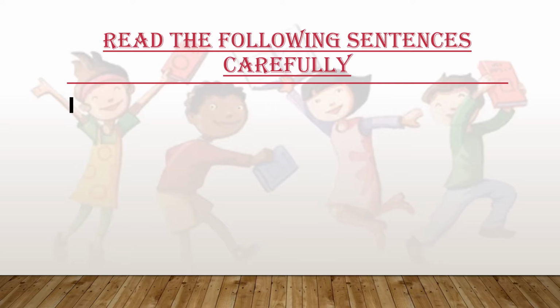The first one, Rita is a good girl. In this sentence, the subject here is Rita. Why Rita is the subject? Because subject is the person or the thing about whom we are talking, or it is the person or thing which is doing an action in the sentence, the doer of action.